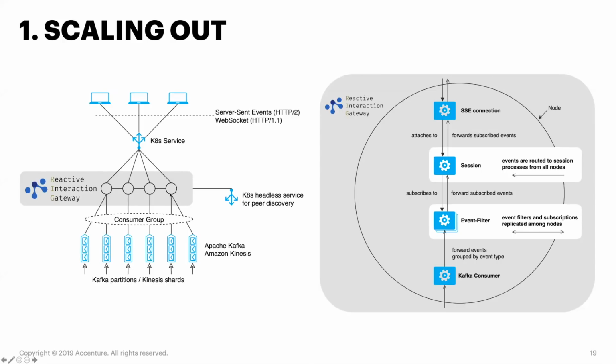And it will send the event over within the cluster to that node, and this node will then push down the event to the front end. So in a way, Rig is repartitioning the Kafka partitions that are attached to it.